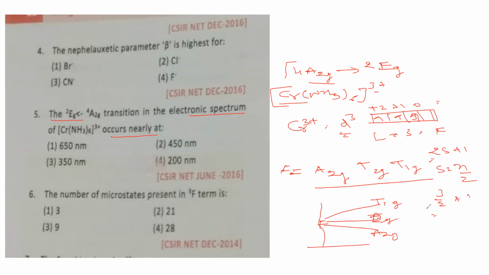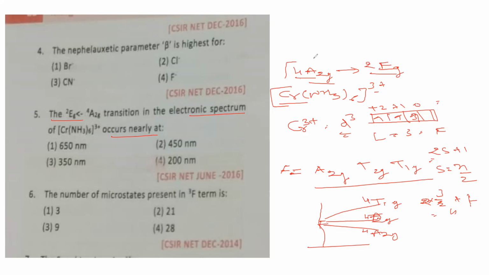So 2 into 3 by 2 plus 1, so 3 plus 1 is equal to 4. The spin multiplicity is 4. But in the question, the transition is given from spin multiplicity 4 to spin multiplicity 2.